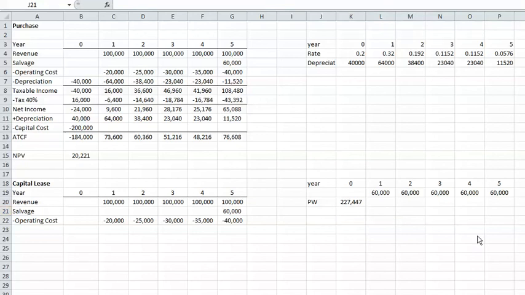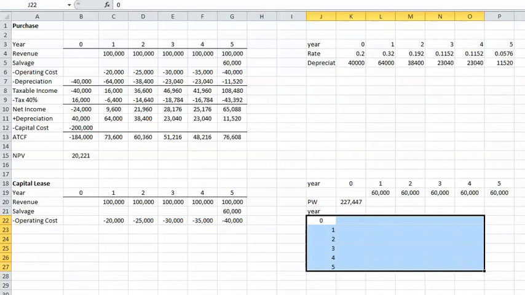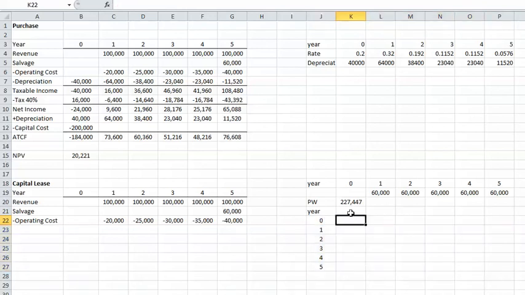Now we have to calculate the interest and principal portion of these payments. So let me write the year here. It is year 0, 1, 2, 3, 4, 5. This is going to be the payment, where we start paying $60,000 from year 1 to year 5.